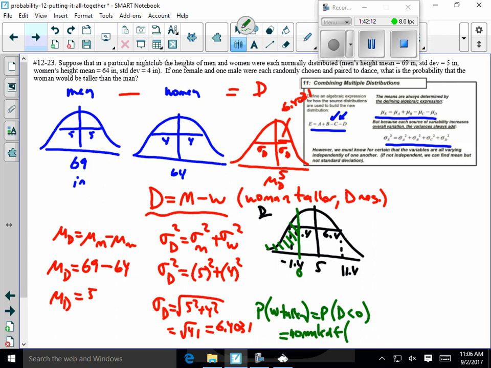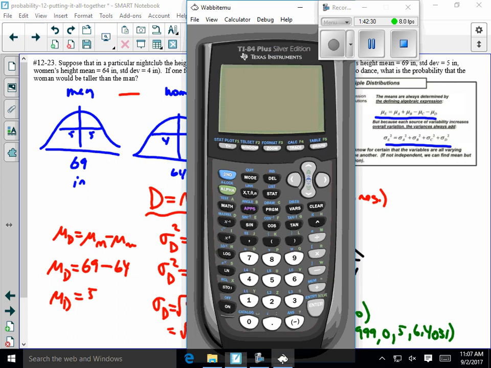The lower boundary would be something representing negative infinity, like -999, and then up to 0, if the mean of the differences is 5 and the standard deviation is 6.4031. So then you would go to the calculator to plug that in.